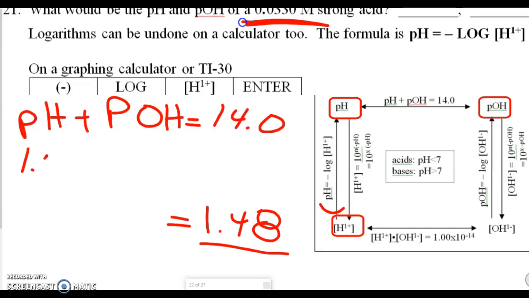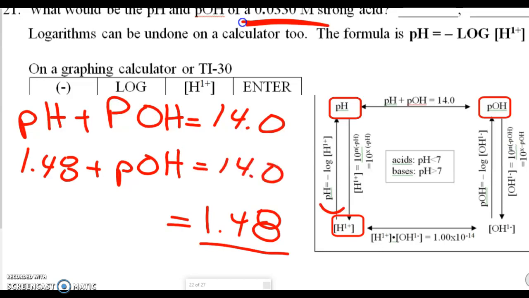Well, if our pH is 1.48 plus pOH equals 14.0, to do that math, we take 14.0 minus this 1.48, and we end up getting our pOH to equal 12.5. That would be our pOH, measure of our hydroxide ion concentration.